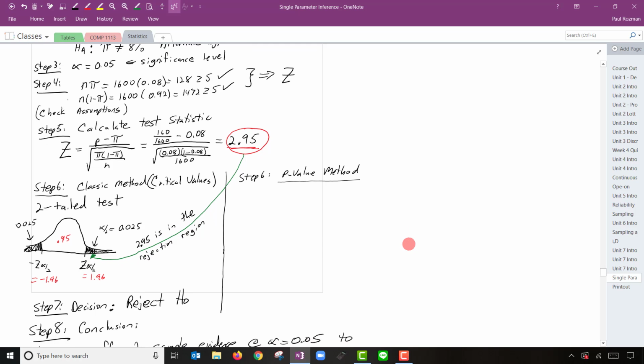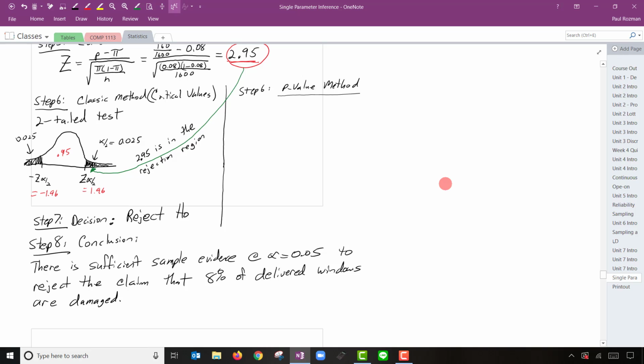There's a 5% chance that we made a mistake. We can quantify the probability of our error. And because we can measure the probability of our error, we can word our conclusion fairly strongly. You'll see examples as we go along where we sometimes can't word our conclusions as strongly because we don't know the probability of our mistake.